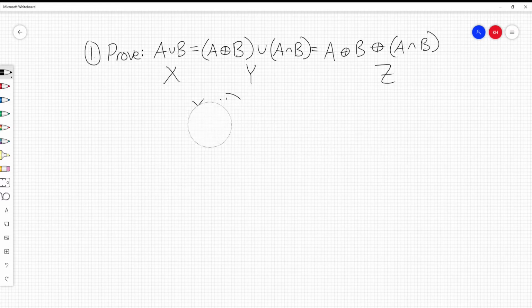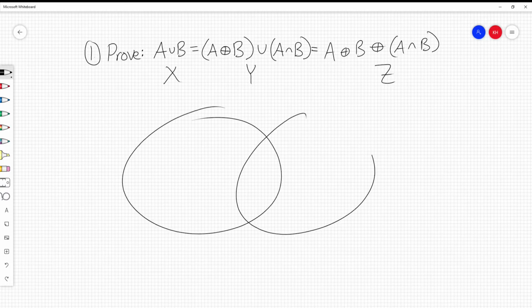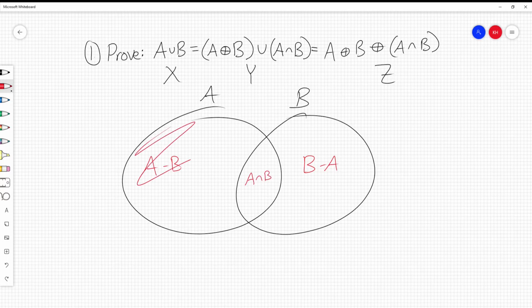So, going on, if we want to get a visualization of how this problem works, let's just do a quick Venn diagram then. If we have, say, A and B, we know that each one of these is going to be A minus B, B minus A, and A intersection B, where each of these is only referring to their domain, of course.